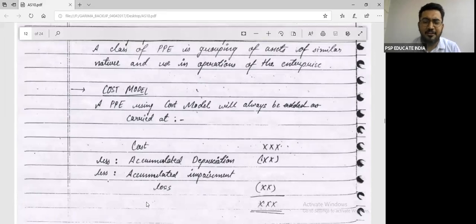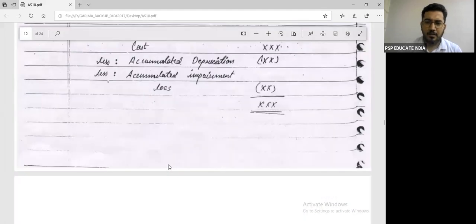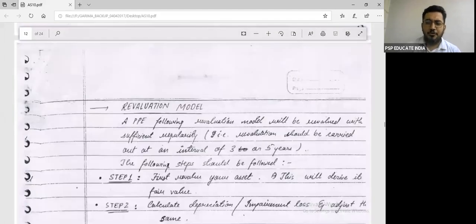Impairment loss means any reduction in the value of the property, plant, and equipment. So as you can see, there is no revaluation aspect over here. Revaluation will not come into picture over here, right? Let's come to the revaluation model now.